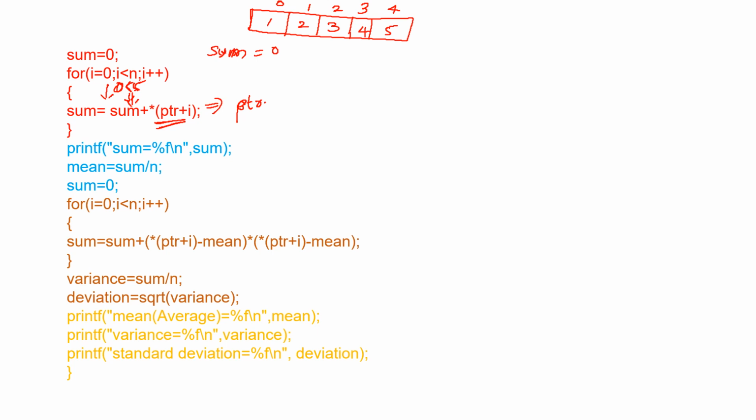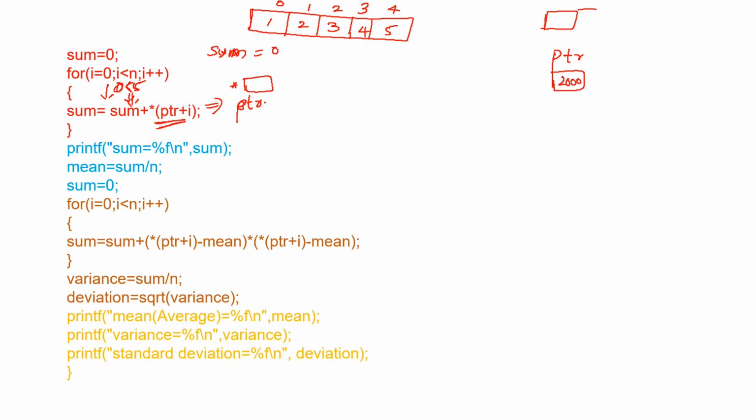So what is meant by star ptr? If you have a star here, you know that the pointer will be pointing to the address of another variable, right? So star ptr means, for example, if I take the array, ptr is your pointer variable, and the pointer variable will be having an address, now 2000, for example.